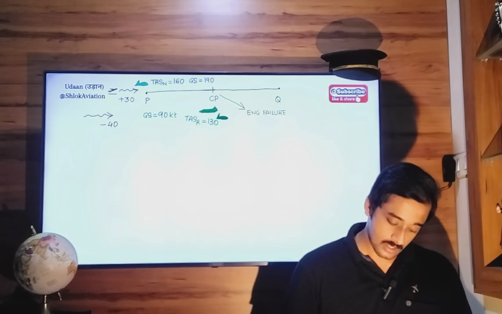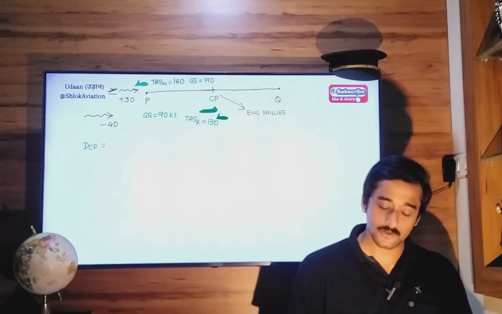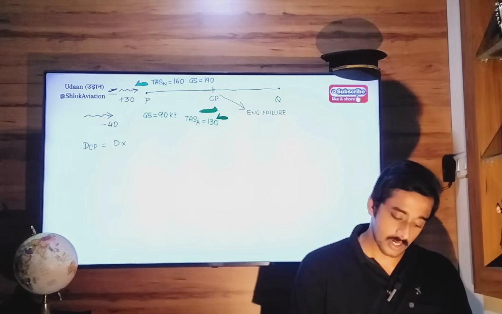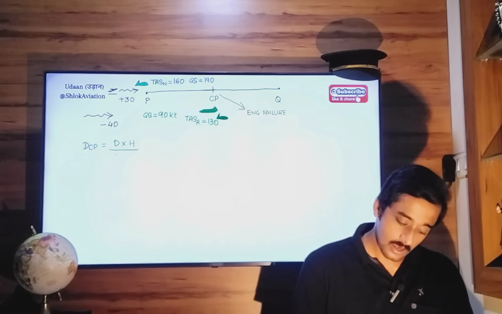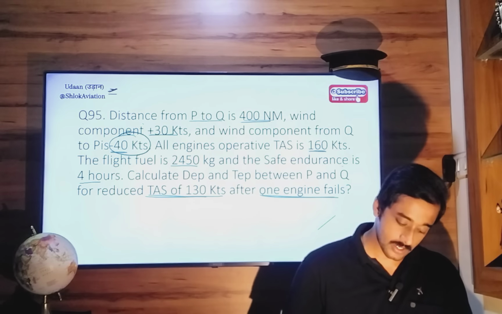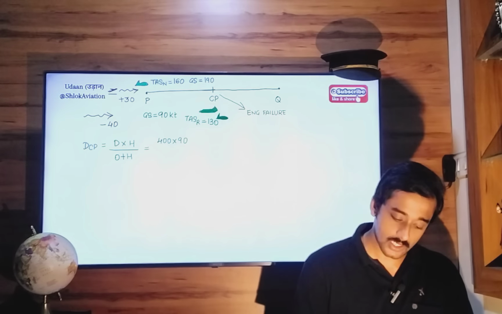Now, formula for distance to critical point is total distance between departure and destination multiplied by homebound speed, divided by outbound plus homebound. So total distance between them is 400. Inbound speed is 90 knots.